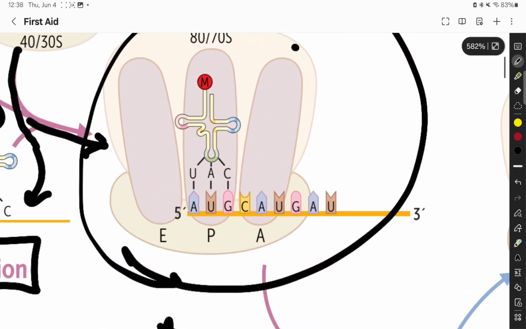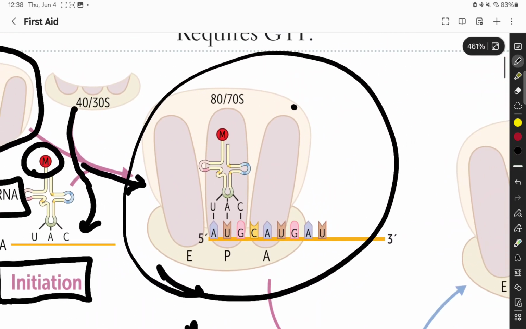You need to remember that this ribosomal subunit has 3 sites: an A site, a P site, and an E site. So A site, P site, and E site.